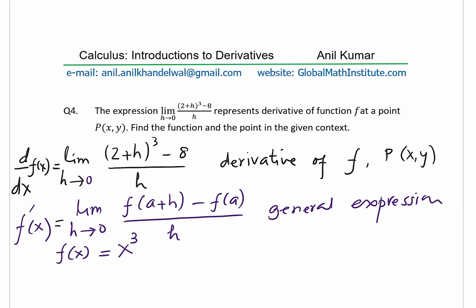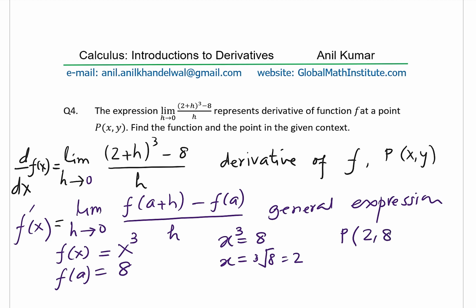So f of a is 8, which means x cube equals 8, and that gives you x equals the cube root of 8, which is 2, right? And therefore, the point here is (2, 8). Is that clear to you? So we have our answer: the function f of x is equal to x cubed and the point is (2, 8).